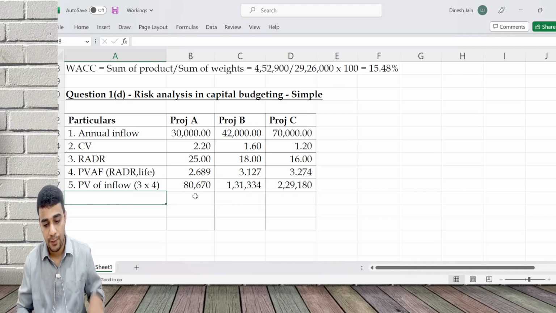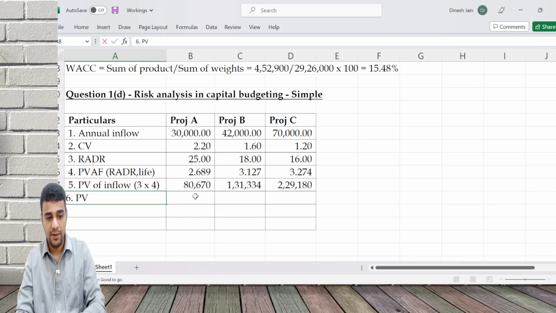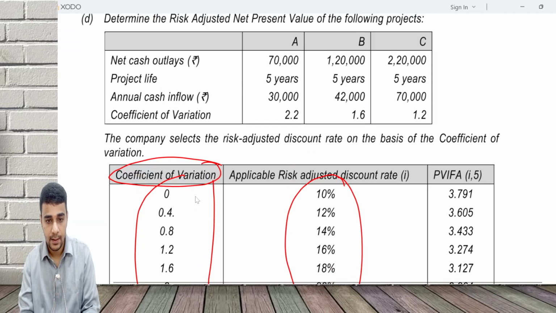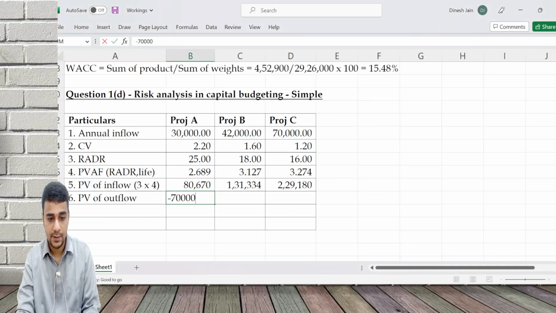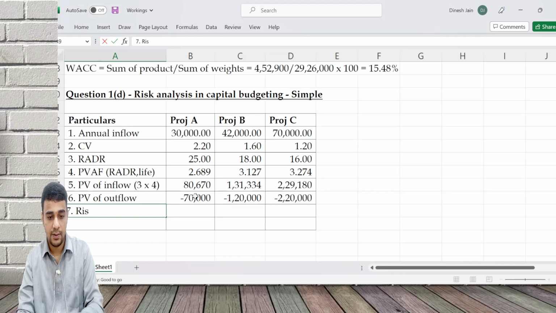PV of inflow. PV of outflow is nothing but the outflow: 70,000, 120,000, 220,000. And the difference is called risk adjusted NPV.